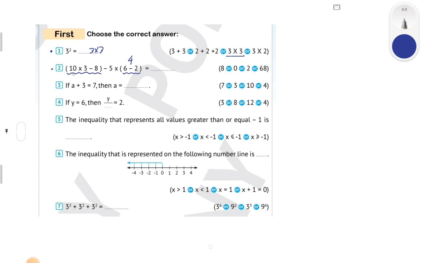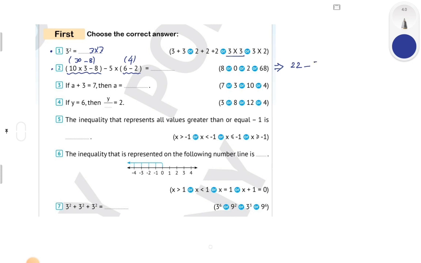Now 10 by 3 minus 8. Start with what, multiply or minus? Of course with multiply. 10 by 3 equals 30. Don't forget minus 8 inside the parentheses.